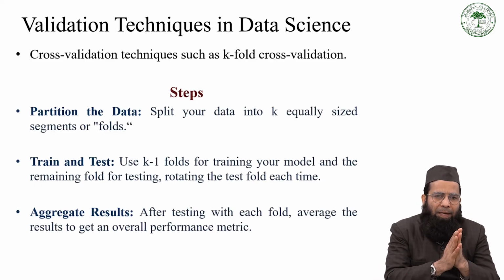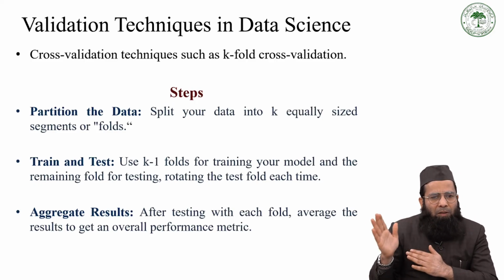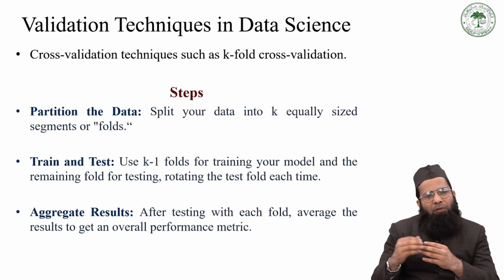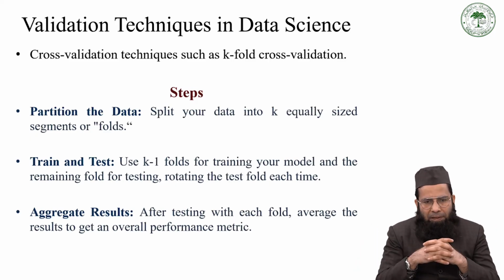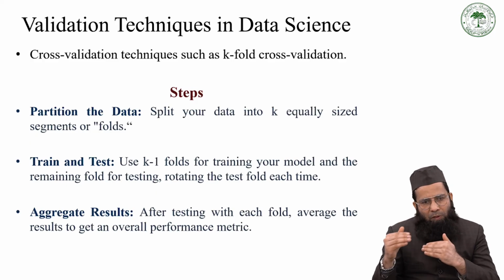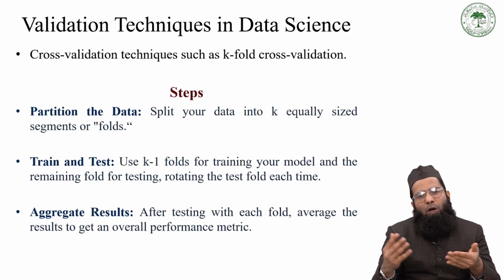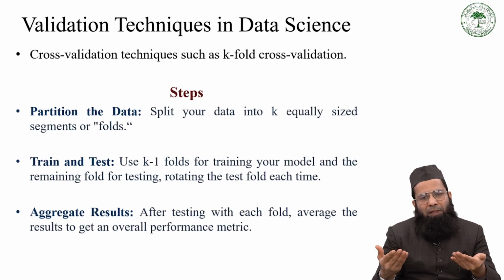One is called the training data set and the other is called the testing data set. We train the model on the training data set and validate it using the testing data set. That is one type of validation. The other validation could be k-fold cross-validation, which is more effective.